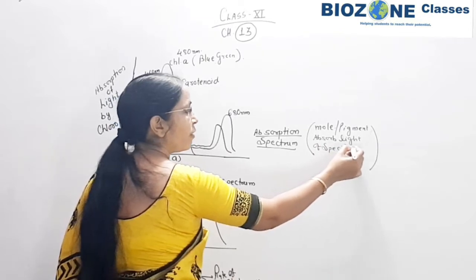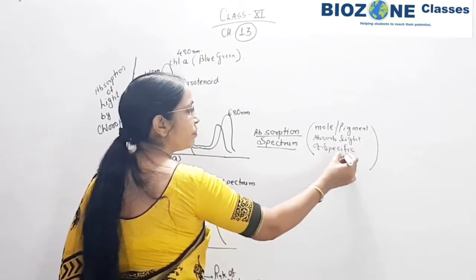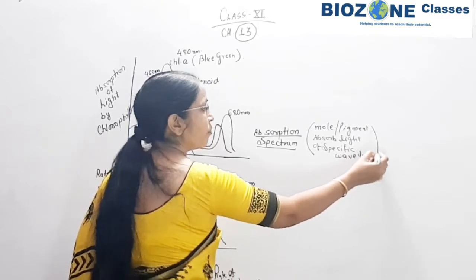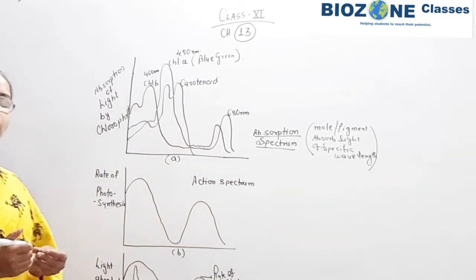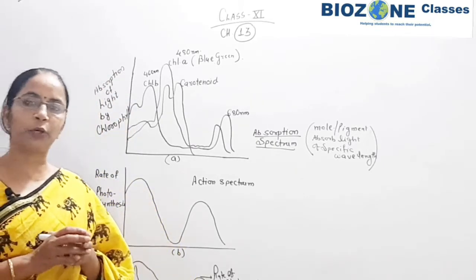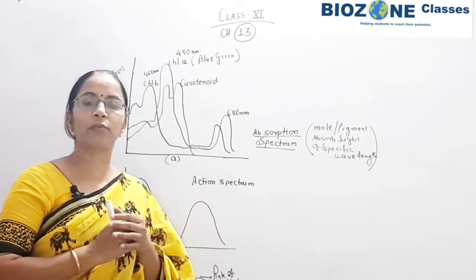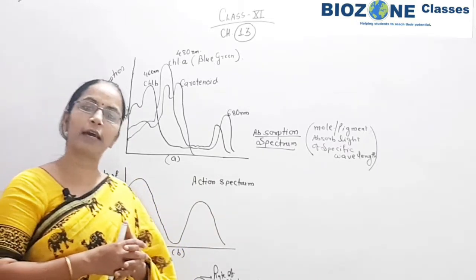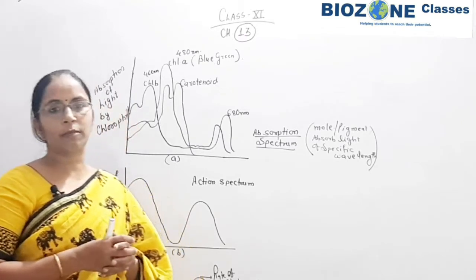So light of specific wavelength is absorbed by these chlorophyll molecules. In the absorption spectrum we mainly discuss which specific light is absorbed by the molecules.